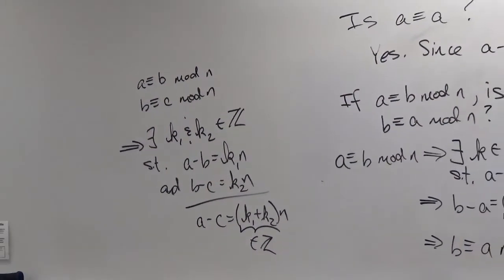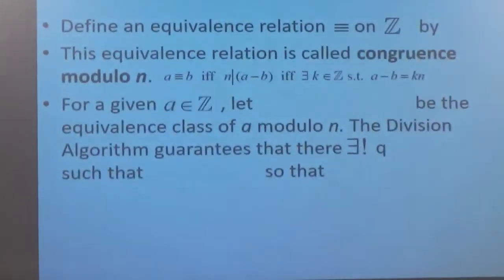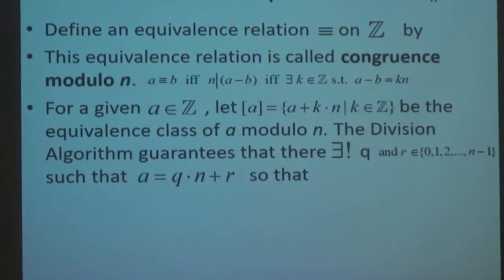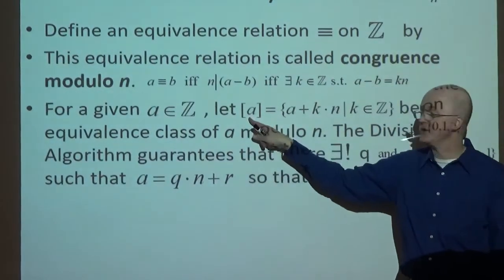So it is an equivalence relation, and therefore it partitions the set Z into equivalence classes. For any given integer, what's that notation? Remember, you've seen this.